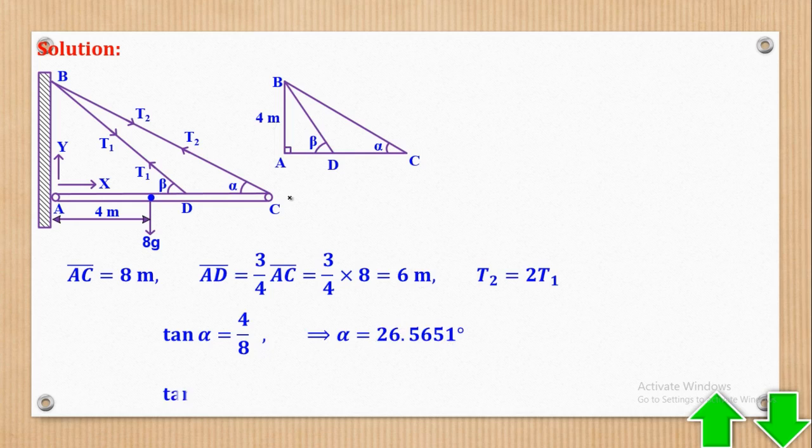For beta, tan beta is equal to opposite over adjacent, which is 4 over 6. Therefore beta is 33.6901 degrees. Then you also remember that T2 is equal to 2T1 because they told us that the tension in BC is twice that in BD.